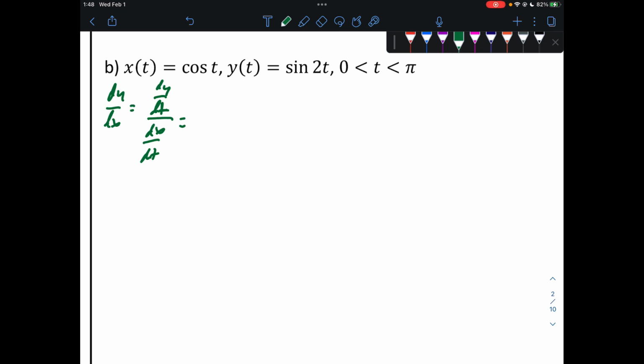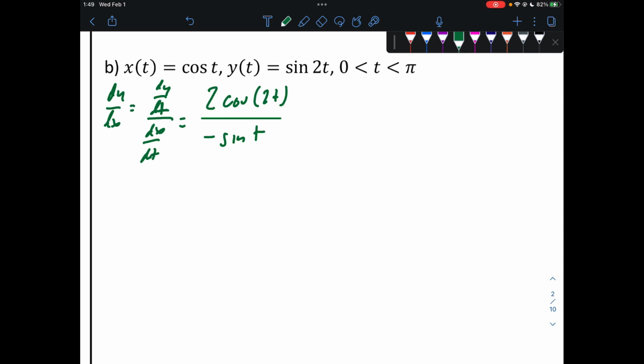So dy/dt is going to be 2 cosine 2t. The derivative of x is going to be negative sine of t.